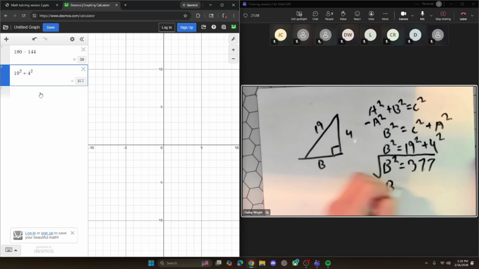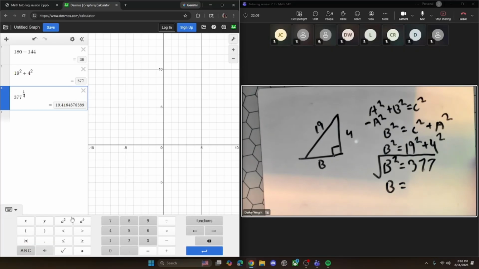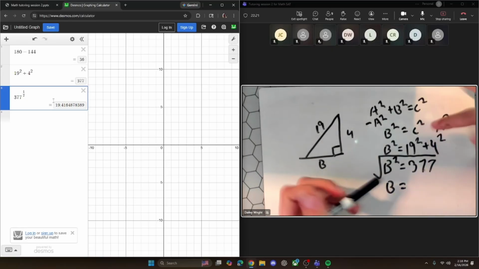So b is the square root of 377. So I do 377 to the 1/2. You can find the square root in here if you want to. I always just use the 1/2s, the 1/3s, the squareds. So this would be 19 point... Oh, I did it wrong. It's c squared minus a squared.